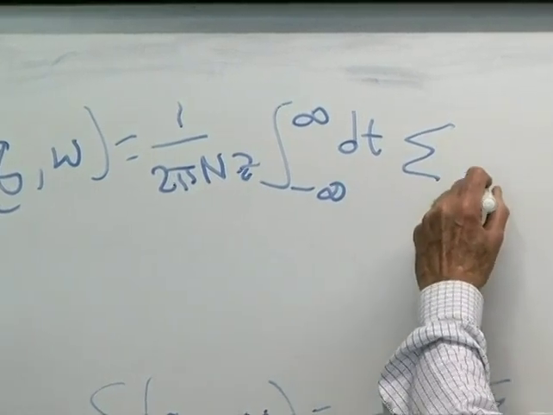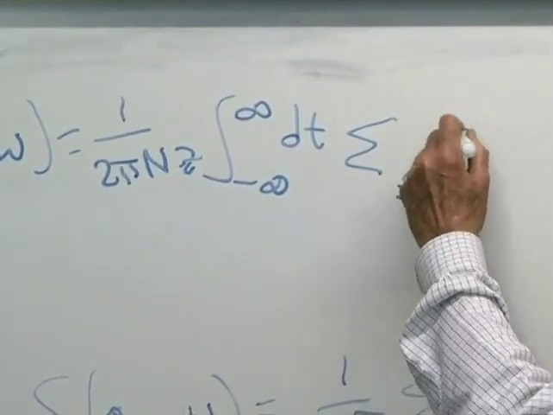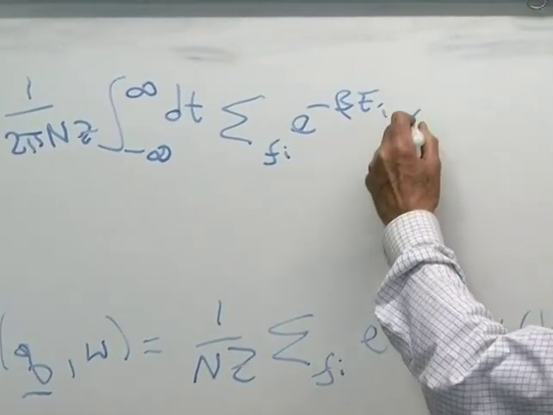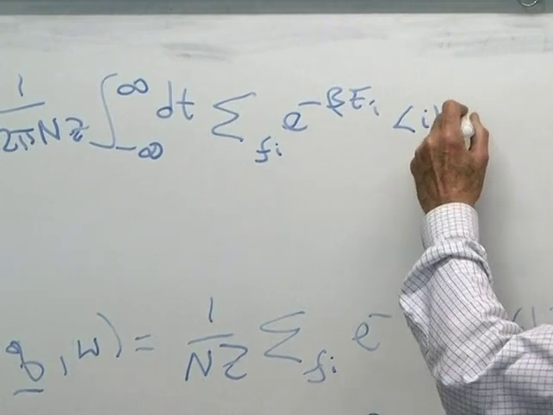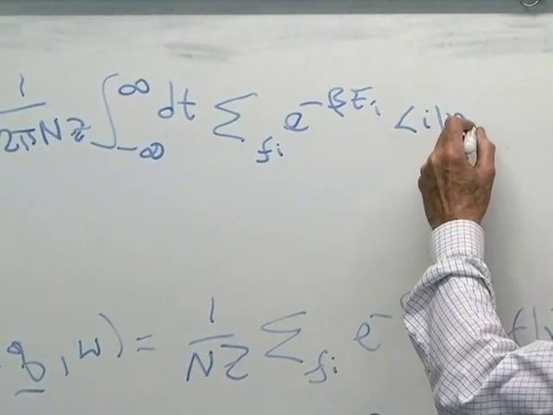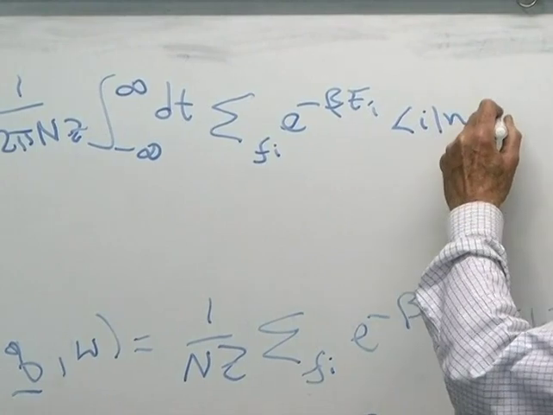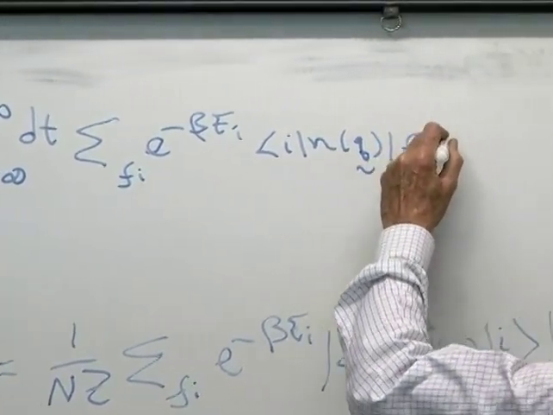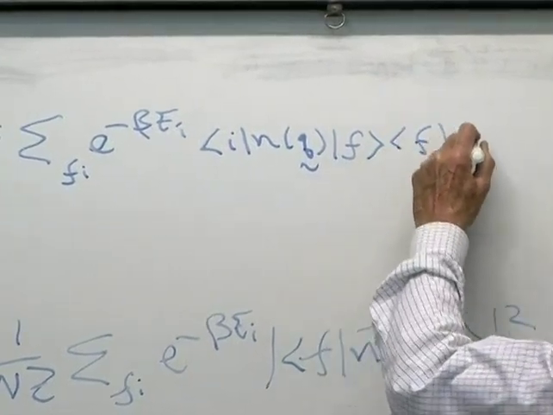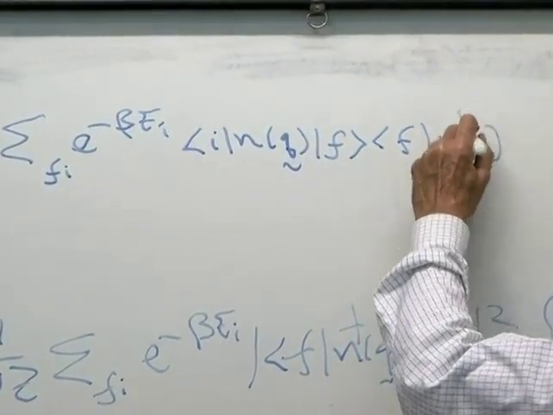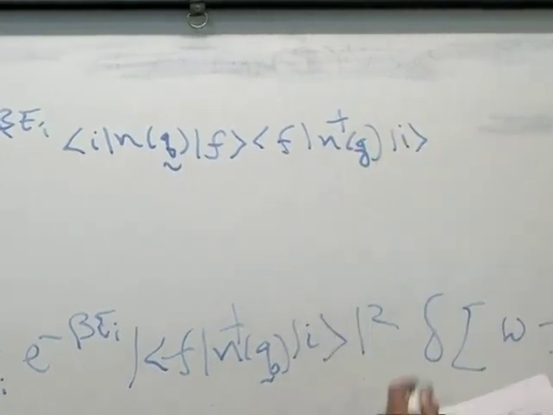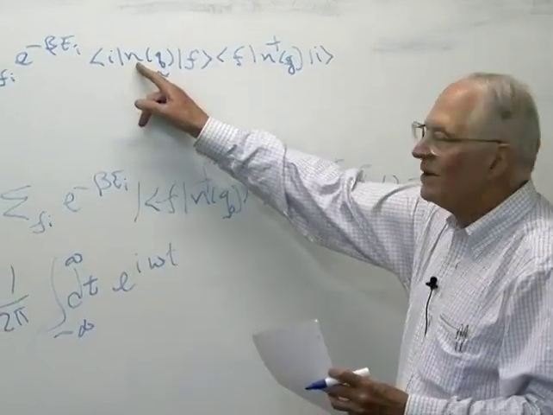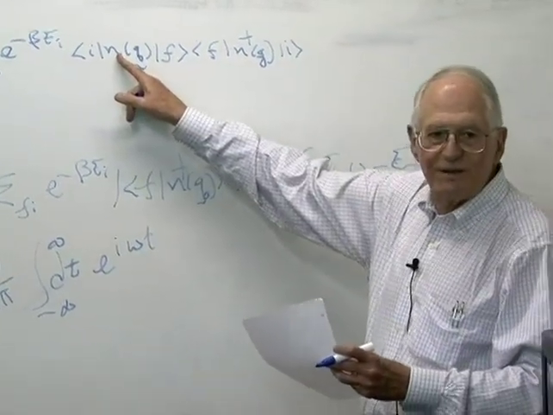Sum on f and i, e to the minus beta E_i, i n(q) f, f n(q) adjoint i. And now it's convenient to recognize that if q is non-zero, this really means this is only the fluctuation part.